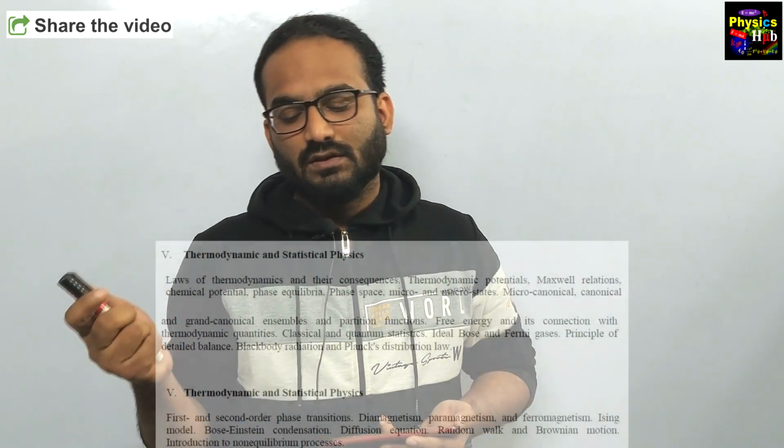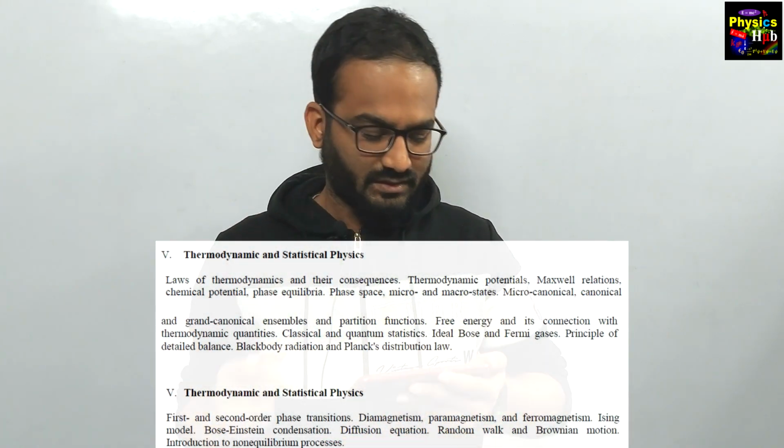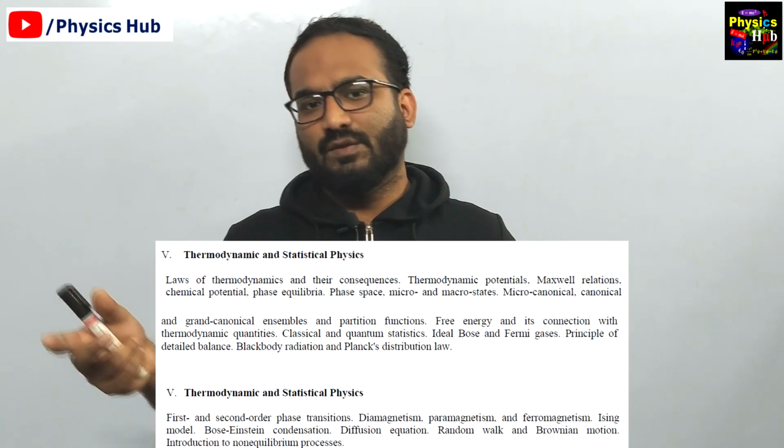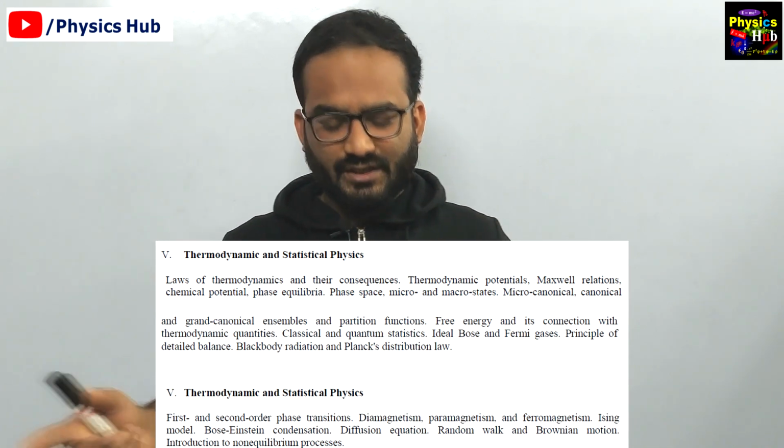In thermal and statistical physics also you are given two portions, core and advanced. The core portion starts with the laws of thermodynamics. The first and second laws will be mostly taken care of.